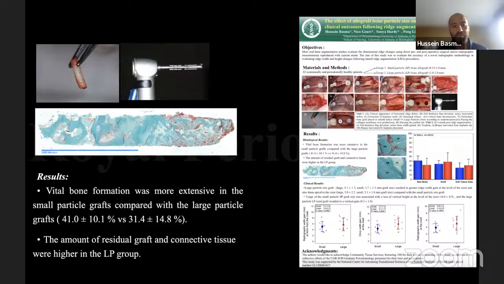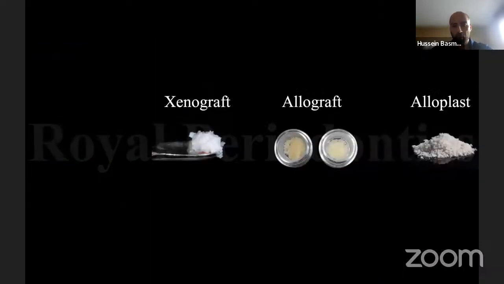So all this is important to know that, yes, we can use both small and large particles. However, from a clinician standpoint, having used those two different types of bone graft, I definitely highly recommend using the small particles instead of the large particles. And when we're talking about the large particles, we're talking about the 1 to 2 millimeter pieces of bone.